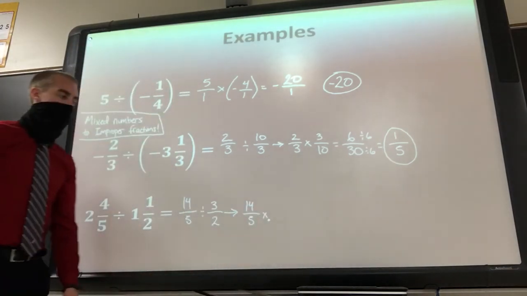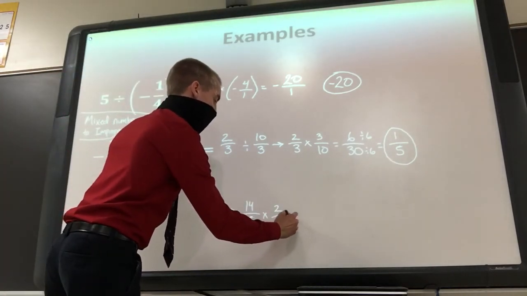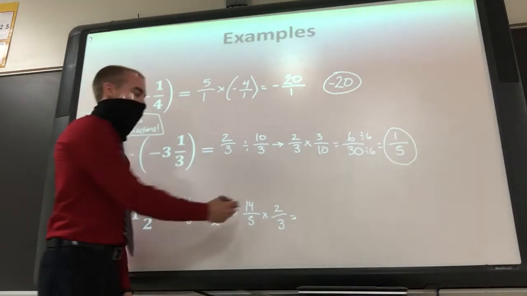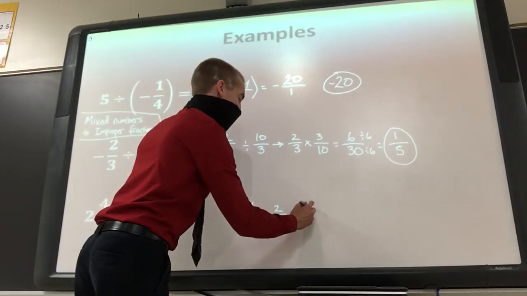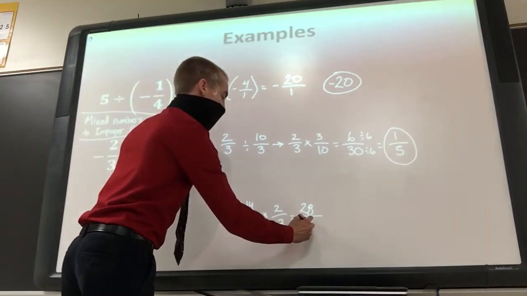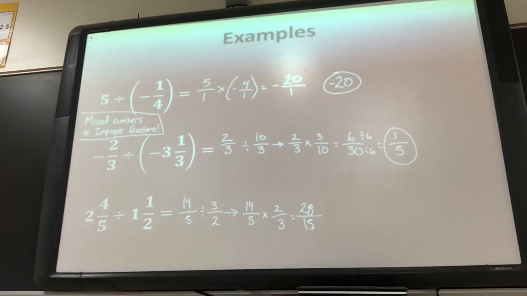Change division to multiplication. Flip 3 over 2, make it 2/3. So now we've got 14 over 5 times 2/3. 14 times 2 would be 28. 5 times 3 would be 15. So we get 28 over 15.